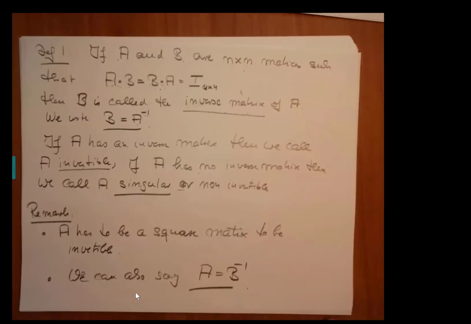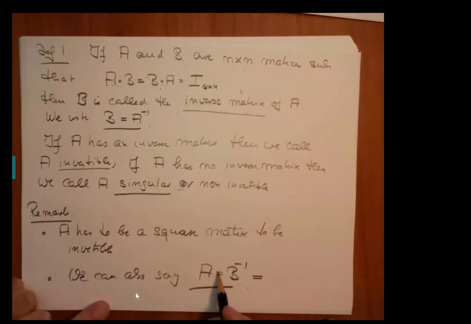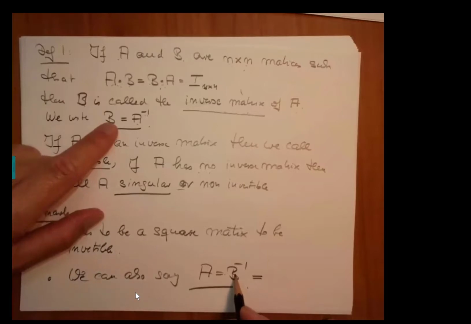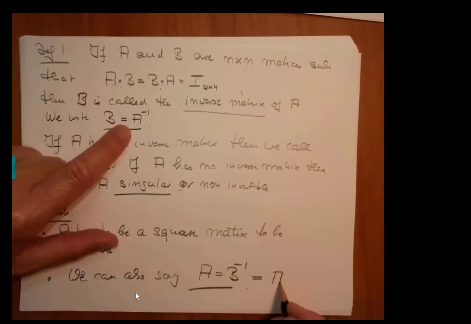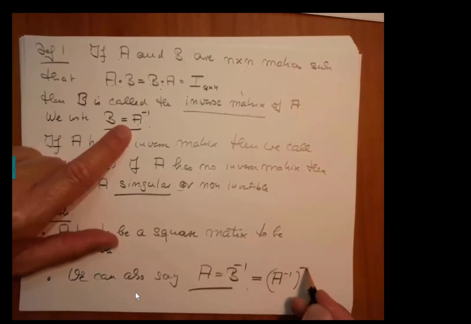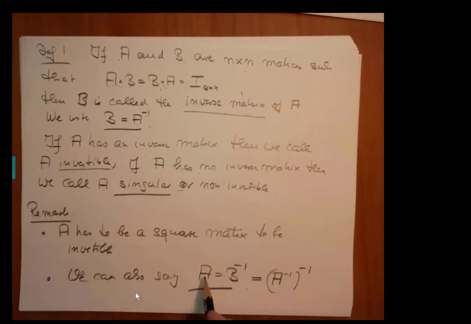Yes. Okay, because then right away there's something we also expect for real numbers: A is also B inverse, but B inverse is A inverse. So an invertible matrix is the inverse of its inverse.